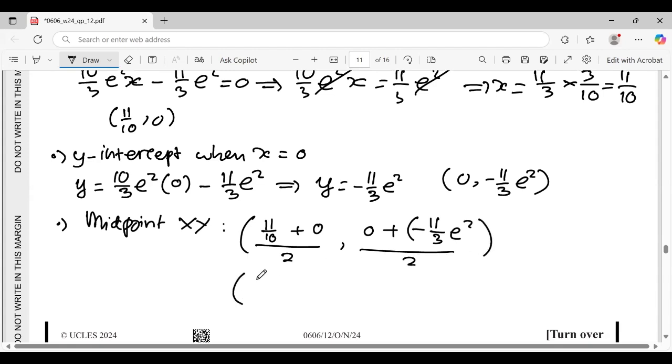So it becomes (11 over 20, minus 11 over 6 e squared). This is the midpoint.